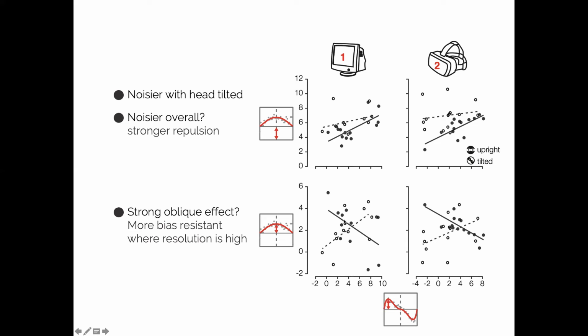And subjects with not so strong of an oblique effect have a stronger repulsion bias, which would indicate that these subjects might have some kind of meta-awareness that, okay, in this part of the orientation space, I know that I'm really, really good. My resolution is high, so I don't need to have quite this bias away from here.